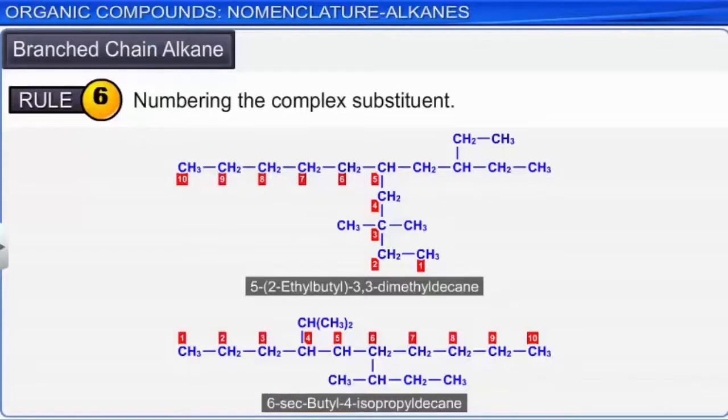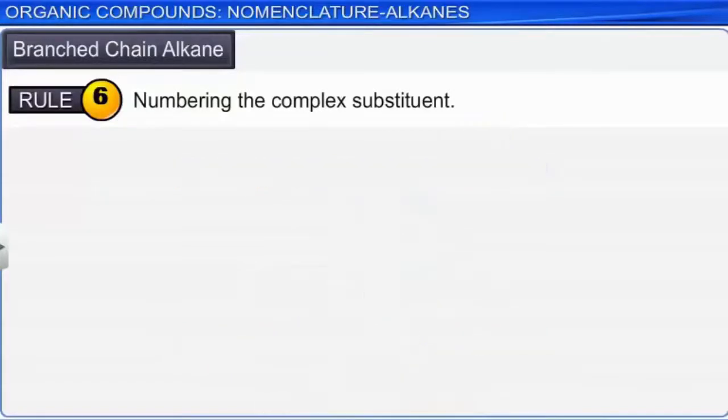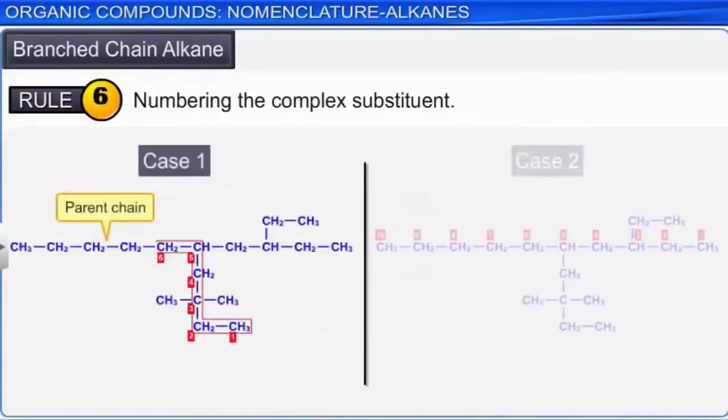Iso and neo are considered, but secondary and tertiary are not considered to be part of the fundamental name of alkyl groups during writing the names in an alphabetical order. The parent chain, which contains more number of side chains, is selected.